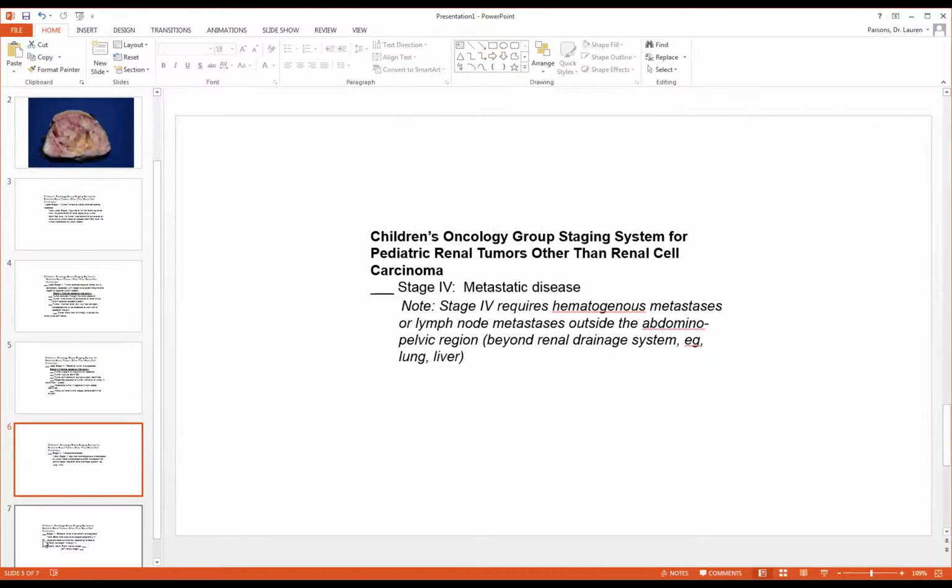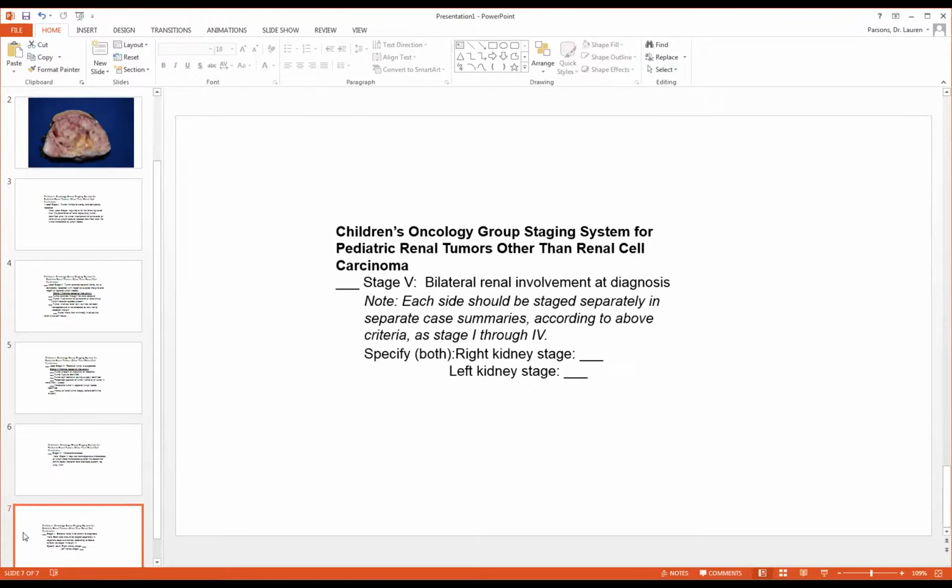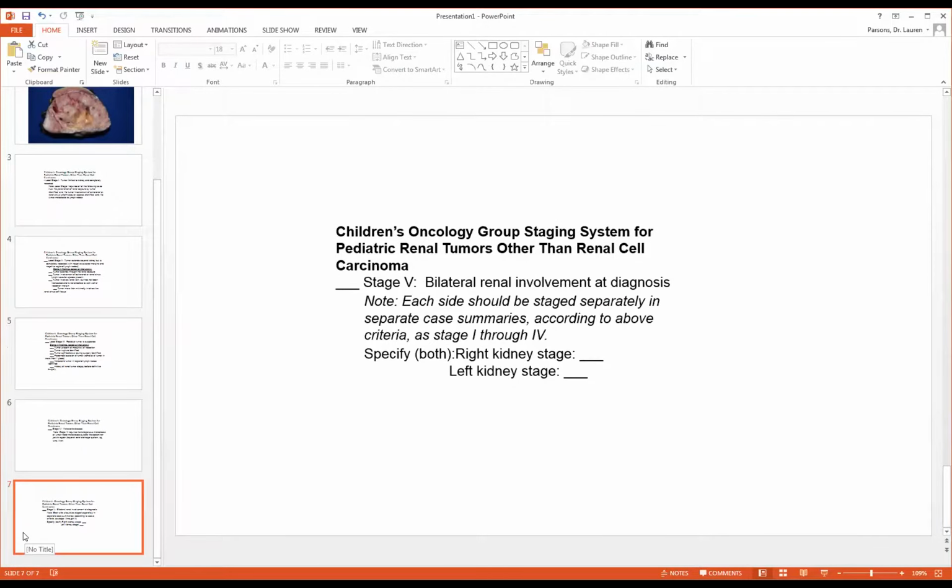Stage 4, not surprisingly, is metastatic disease. So that's disease that now has gotten outside of the abdomen. Most frequently we tend to see metastases in the lung and at times in the liver as well. And kidney tumors are weird in kids because we have stage 5 Wilms tumors.